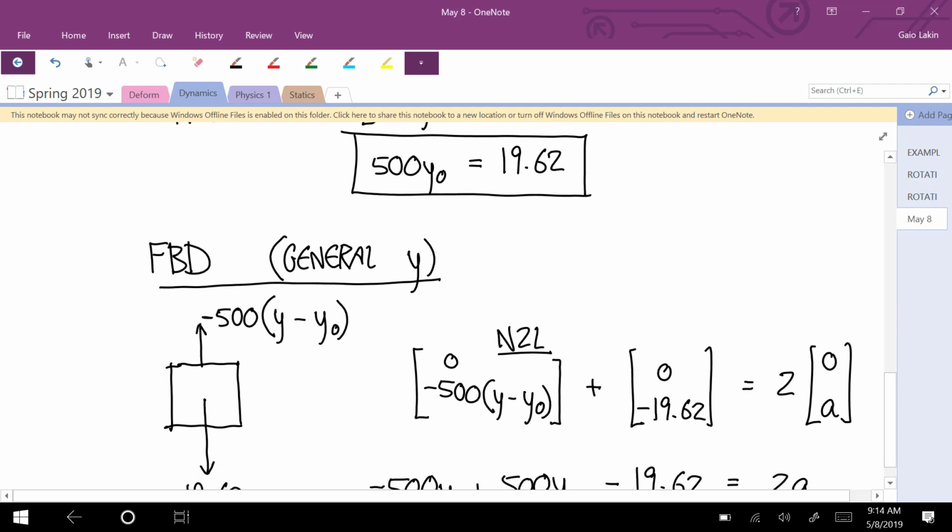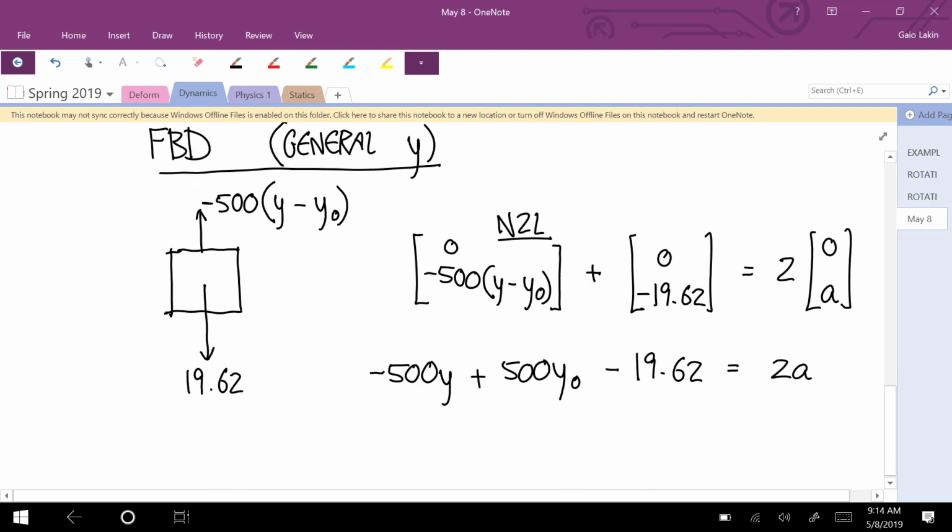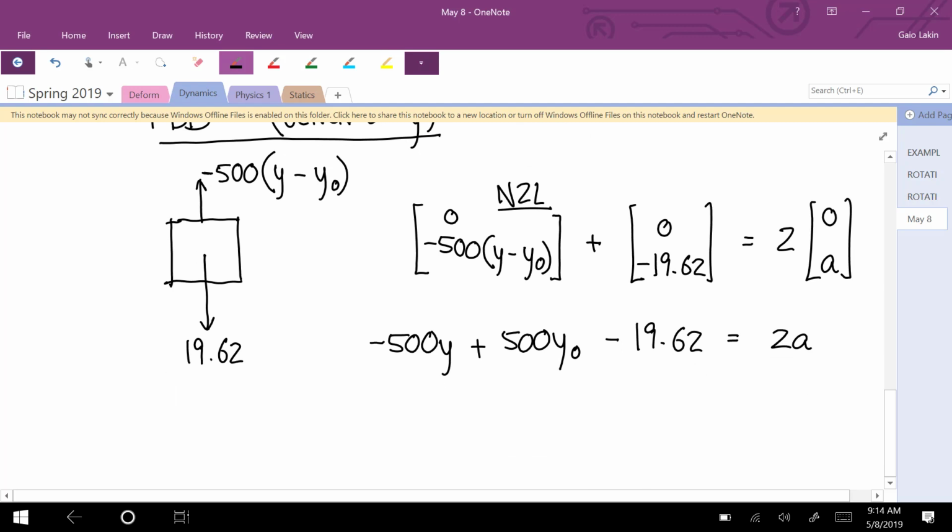And the reason we did that static case before we did this case is that 500 y0 we figured out is equal to 19.62. So this 500 y0 is positive 19.62, and that means that cancels with that.